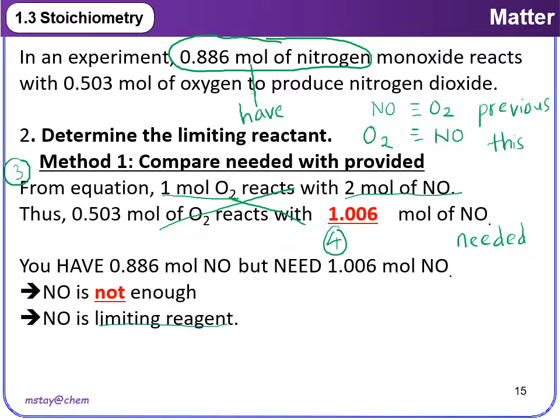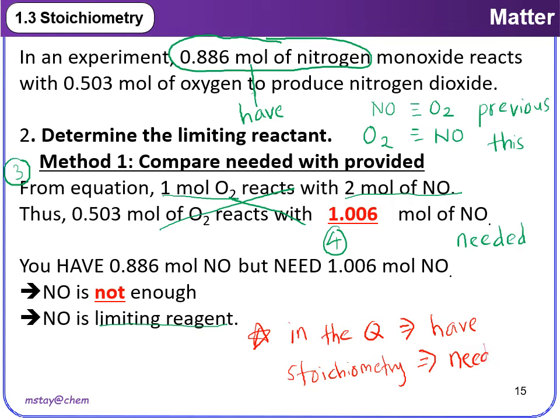Okay, here I just want to do a quick summary. The number of mole in the question always refers to the number of mole that you have. The number of mole that you get from the stoichiometry calculation is what you need.